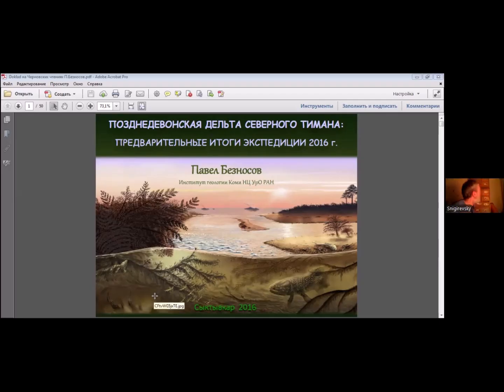Just a moment. Codonophyton. Codonophyton regeri. Yeah, thank you.